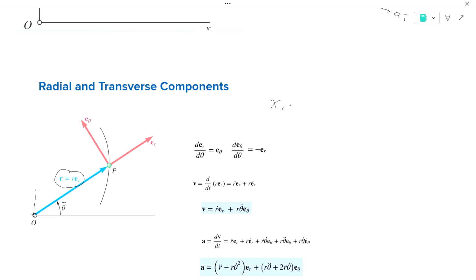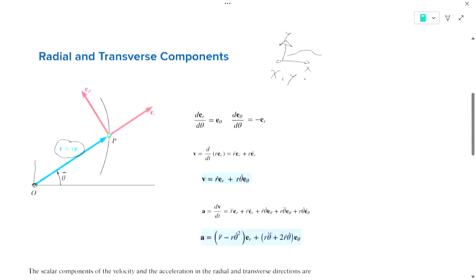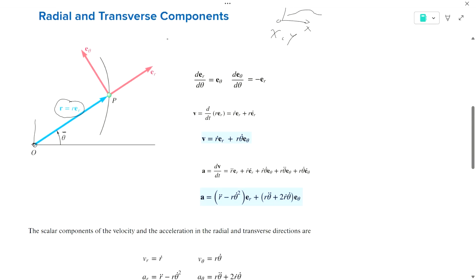Before, when we had x and y, in a Cartesian, rectangular system, they were always static. They were always there. You didn't have to think about x changing and y changing, because what changed was the particle's path, kind of like what we did here. But here, in the radial and transverse components, the path is there, but you're using a coordinate system at a point O that is not on the path.